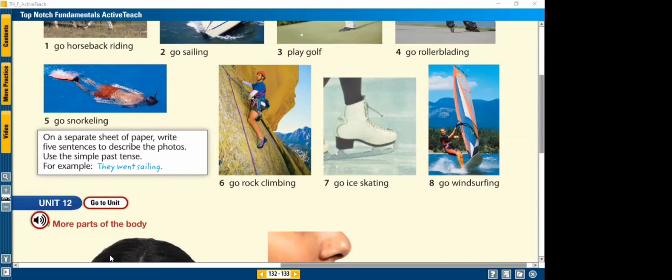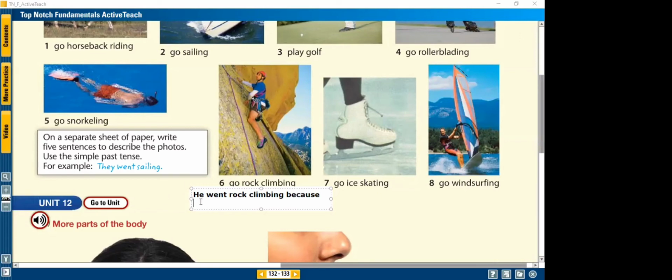Okay, let's do it step by step, paso a paso. So he went rock climbing because what? Because it was sport, learning.